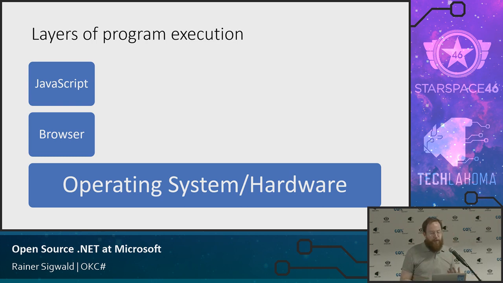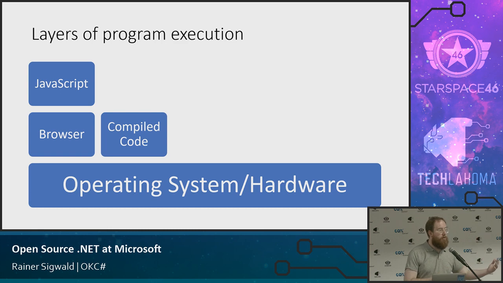A lot of programs are written with compiled code using languages like C, C++, Rust, things like that. Those are compiled directly into machine code at build time. So you start with code, and then you run a program that produces an output file.